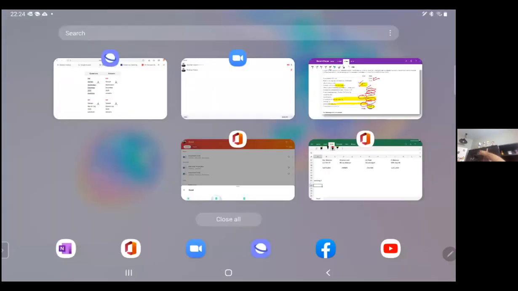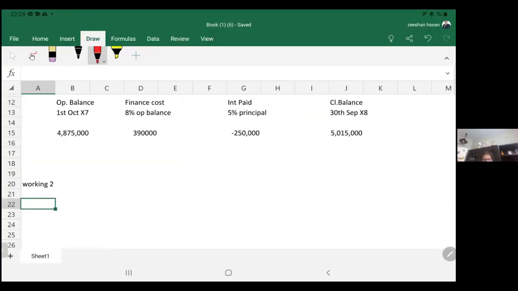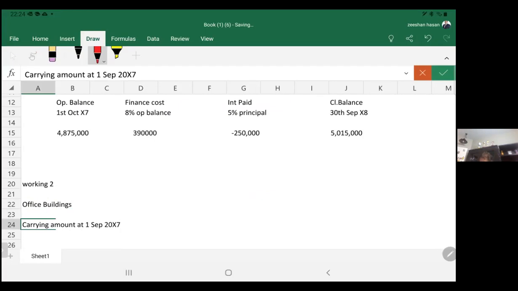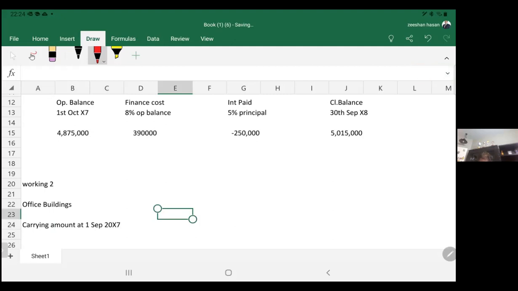Excel sheet again. Now, working two is related to non-current assets, and firstly we'll be looking at the office building. Carrying amount at 1st October 20X7 is how much?